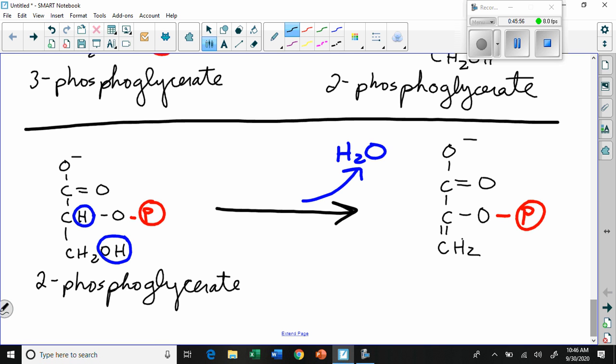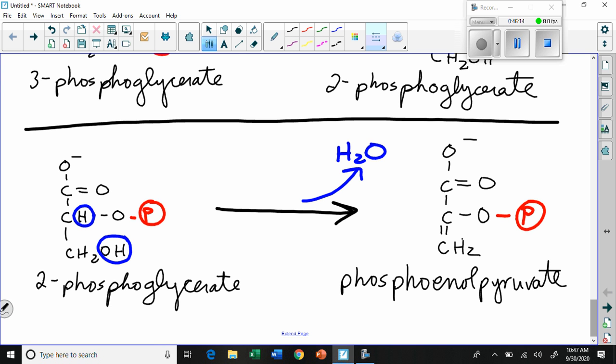And his name is phosphoenol pyruvate. So let's write his name underneath. It's a funny name. Make sure you spell it right. Phosphoenol pyruvate.